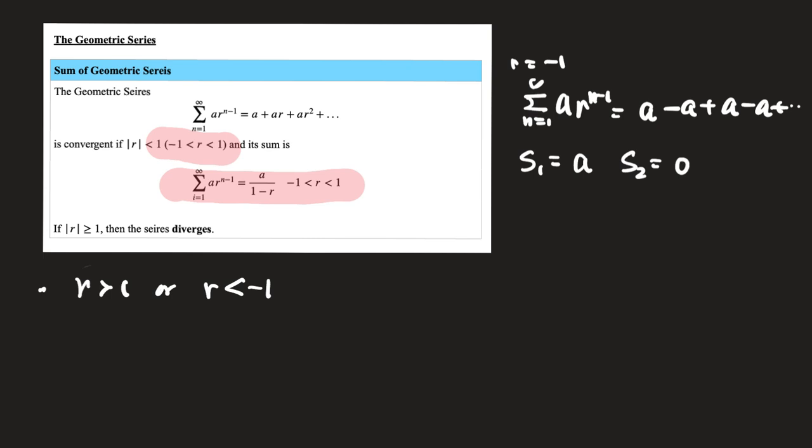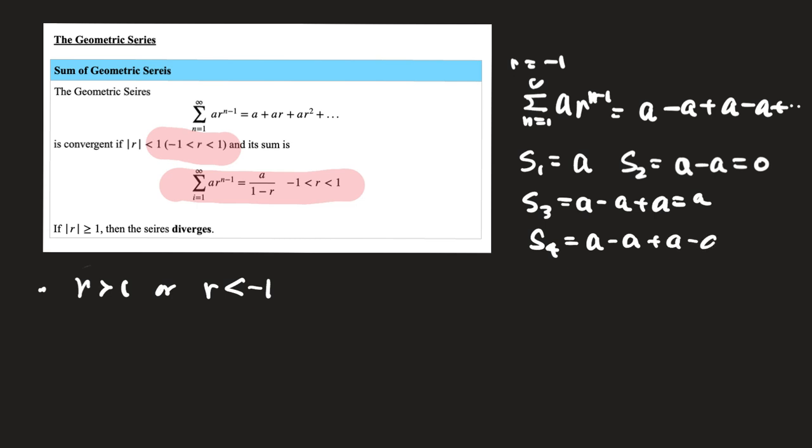S2 is 0 because a minus a equals 0. S3 is a minus a plus a, which is a. S4 is a minus a plus a minus a, which is 0. The partial sum is alternating between a and 0, so the limit of Sn diverges. That's why r equal to negative 1 is also divergent.